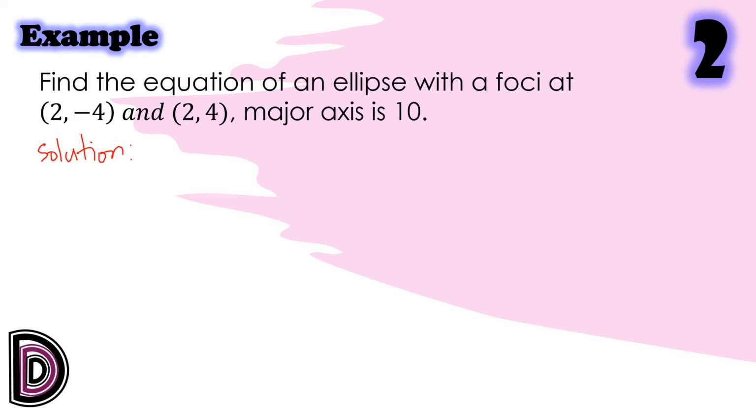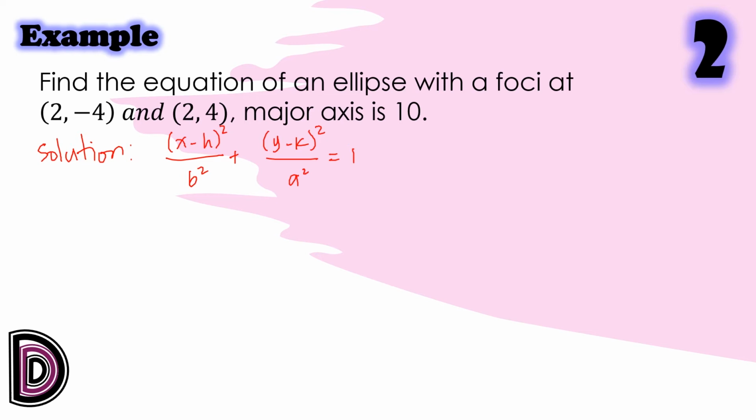Since the x-coordinates are the same, then we have an ellipse whose major axis is parallel to the y-axis. The standard form of the equation is (x − h)² over b² plus (y − k)² over a² equals 1. Still, to get the equation of the ellipse, we need to get the coordinates of the center and the values of a and b.